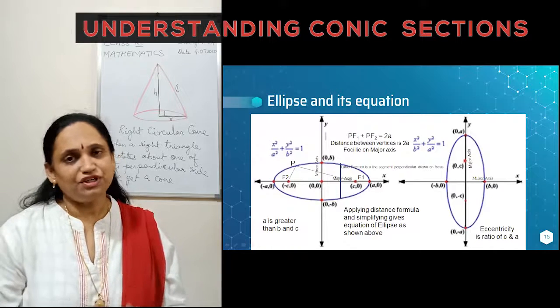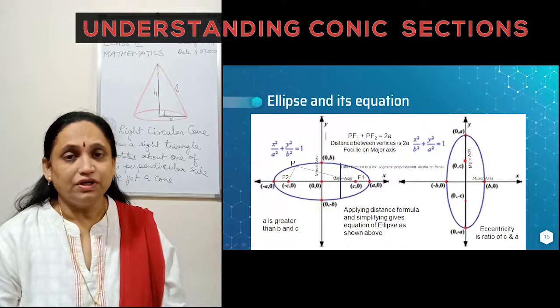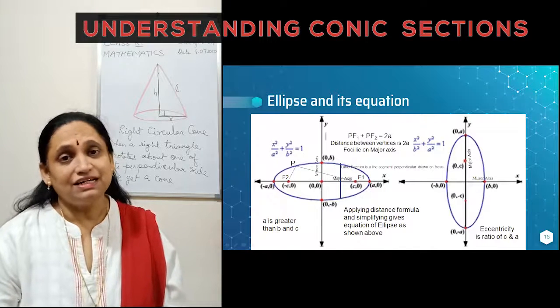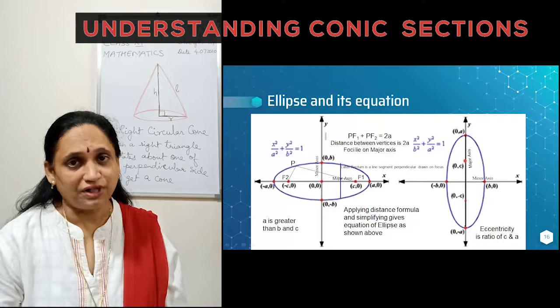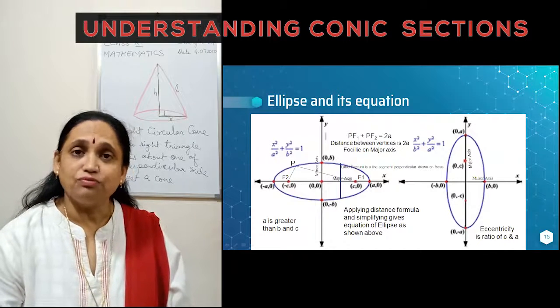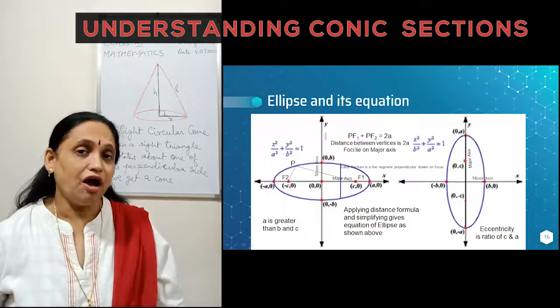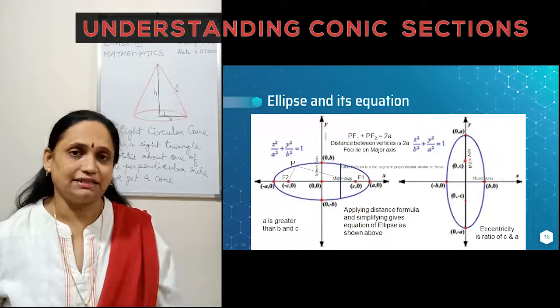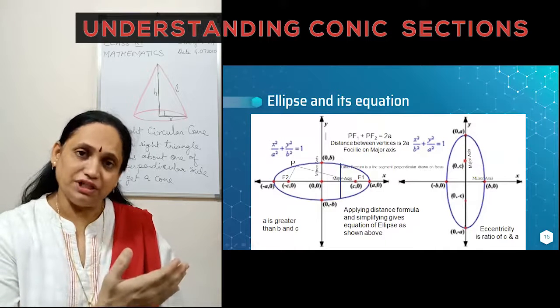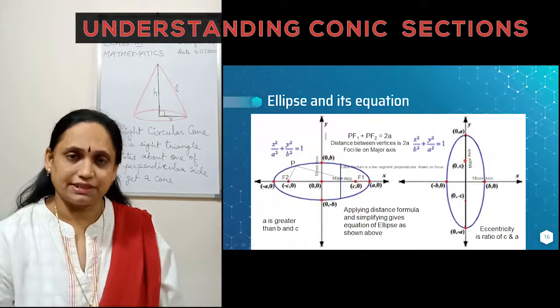Now we use the definition of an ellipse to find the equation of the ellipse. The definition says that it is the set of all those points which follow a certain rule, that is, the sum of the distances from two fixed points is a constant. Now, how to make it easy to understand? Let us take that point P of the ellipse lies at the vertex.